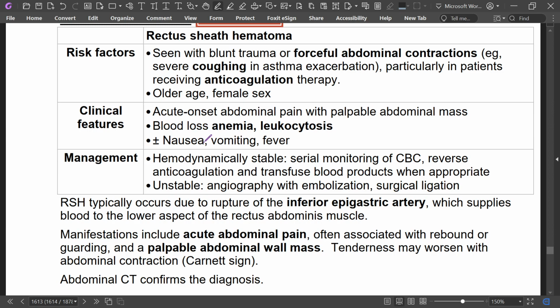In case of unstable rectus sheath hematoma, treat as above; in hemodynamically stable patients, there is serial monitoring of the CBC and reversal of anticoagulation.